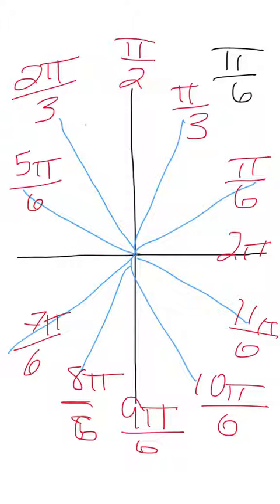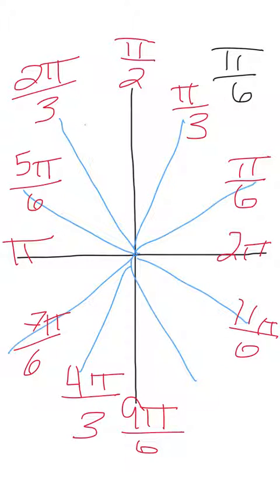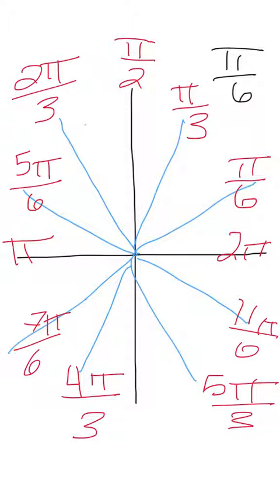This one ends up being pi. This one right here ends up being 4 pi over 3. And this one here ends up being 5 pi over 3. And the last one, we already know, is 3 pi over 2.